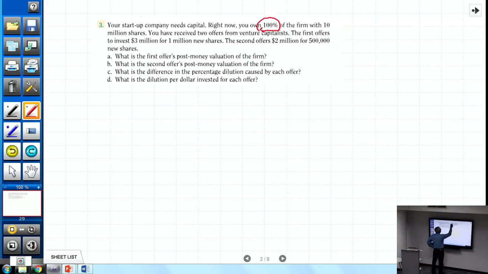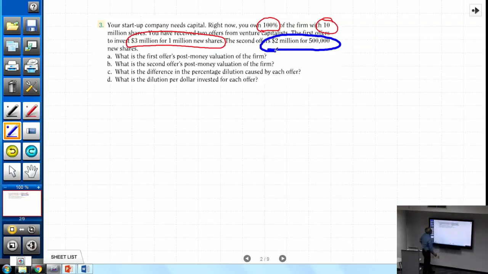You own 100% of the firm with 10 million shares outstanding. You have received 2 offers. One offer is $3 million at $1 million per share, and the other offer is $2 million at 500,000 with 500,000 new shares. So the first question is, what is the first offer's post-money valuation?